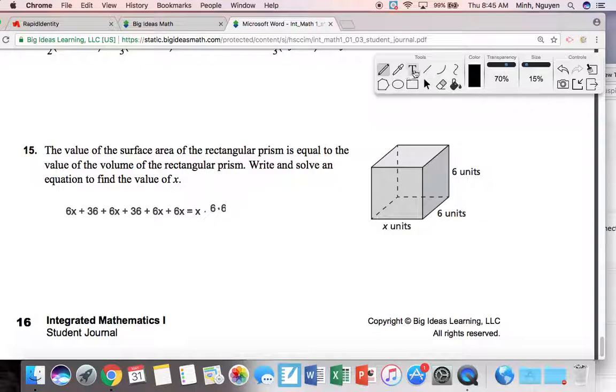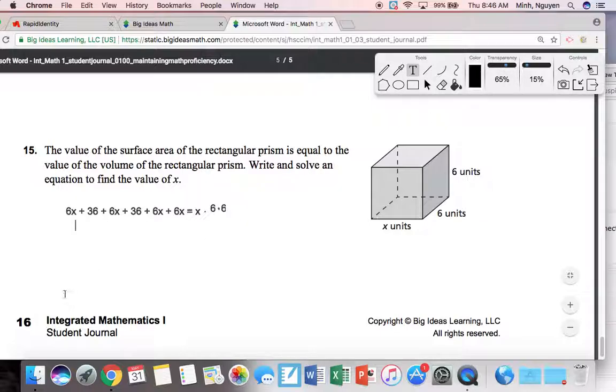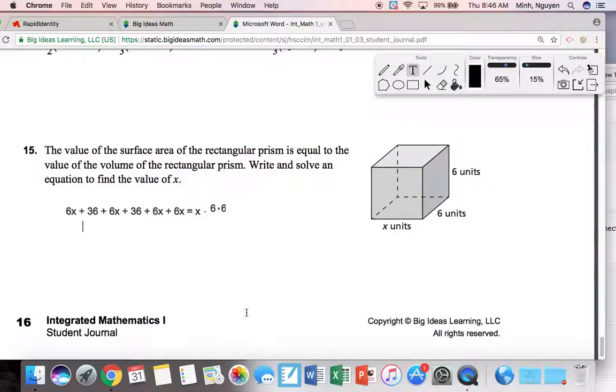So what do I get? We got 6x plus 6x plus 6x plus 6x is 24x, plus 36 plus 36 is 72, equals 36x. So you'll subtract both sides by 24x and then divide by 12.